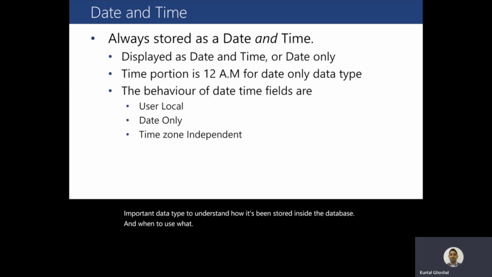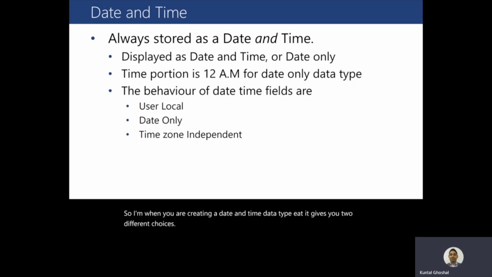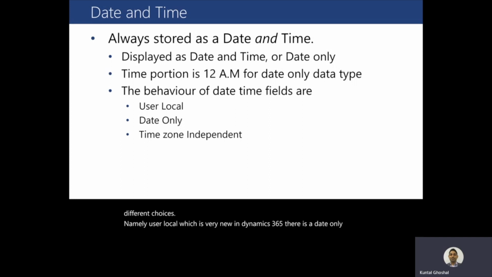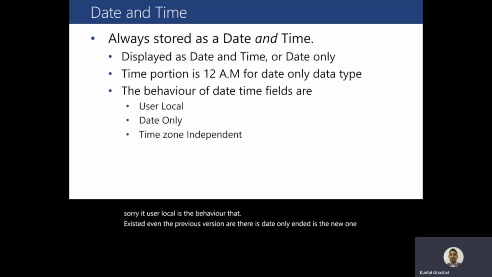When you are creating a date and time data type, it gives you three different choices: namely user local, which is the behavior that existed even in the previous version, date only, and the new one, which is time zone independent.